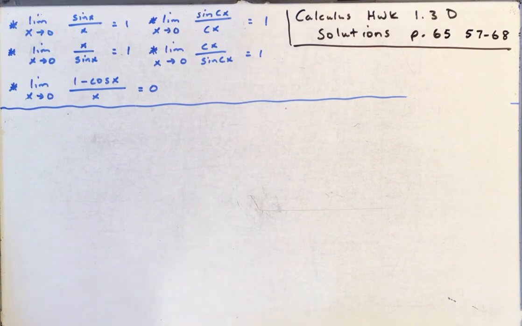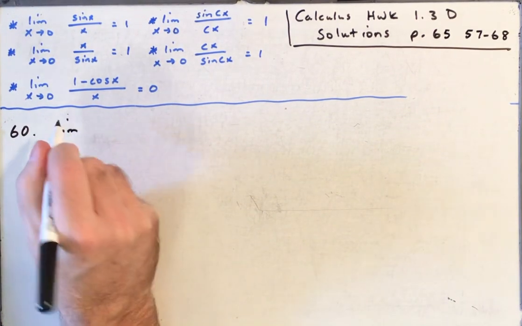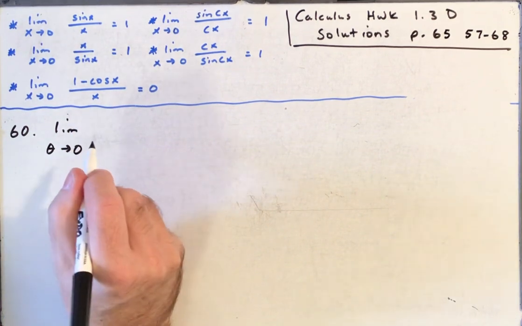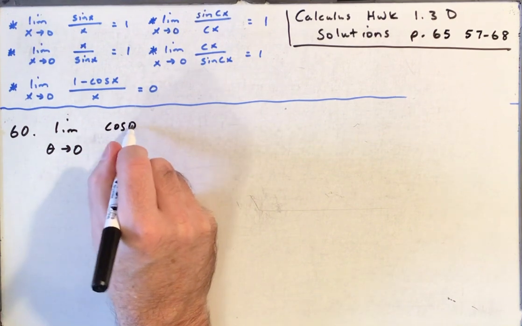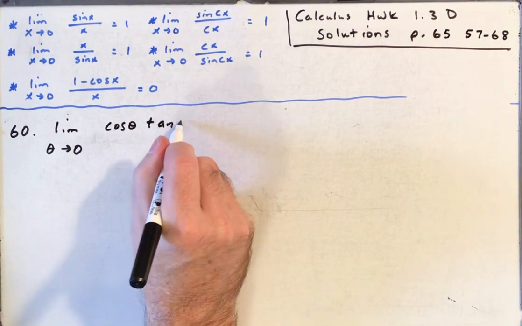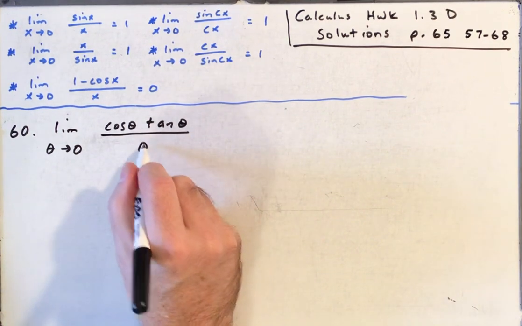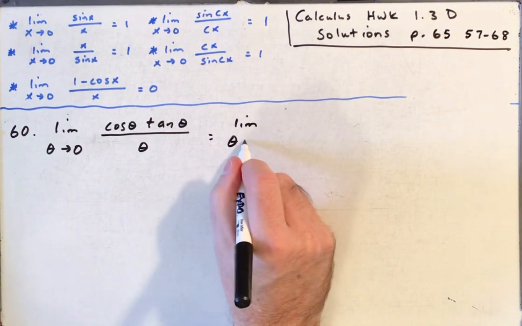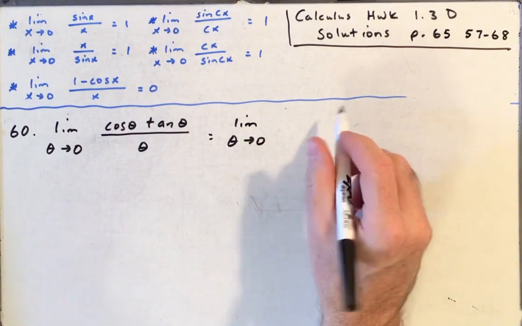Okay, number 60. We've got the limit as theta approaches 0 of cosine theta tangent theta over theta. Let's change that tangent into sine over cosine.